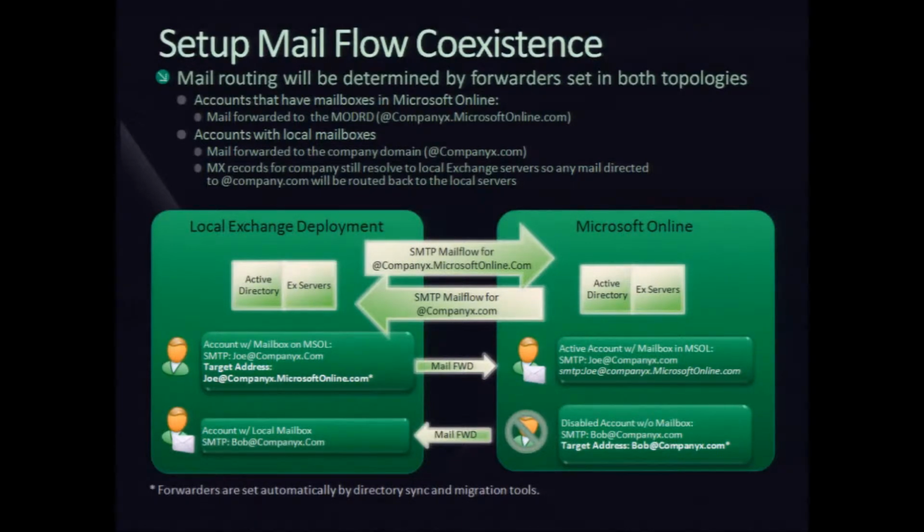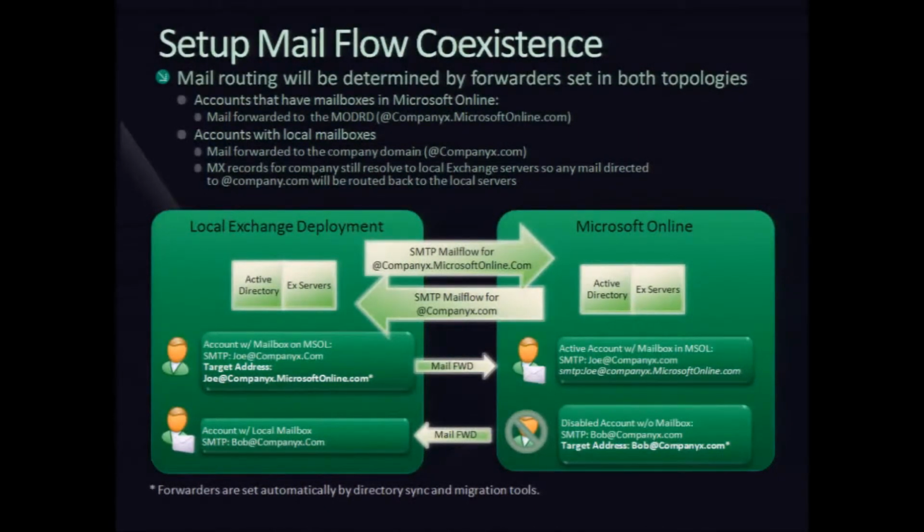Let's say we have two users: a user who's on Microsoft Online, and a user who has a local mailbox on their local Exchange. If mail comes into the local environment but was sent to Joe, who's on Microsoft Online, after we've moved Joe up to Microsoft Online, we'll leave behind a mail forwarder, so that all mail delivered to Joe locally in Exchange will get forwarded out to Microsoft Online.